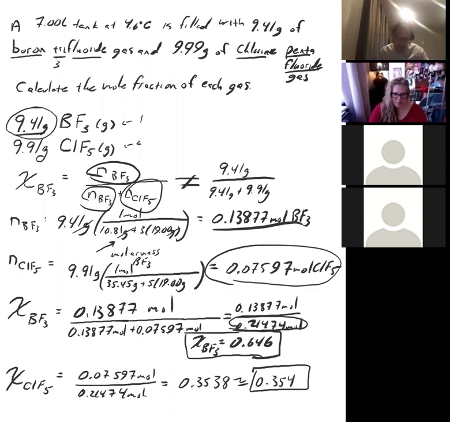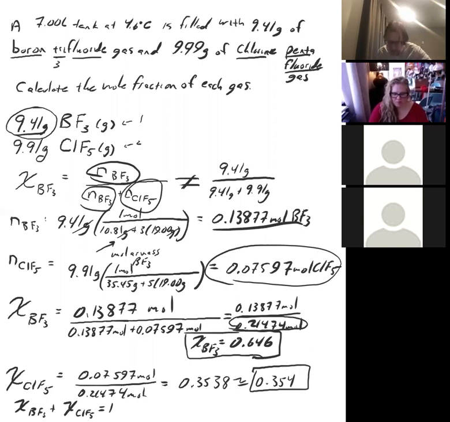Now, you could do it that way, or you could say, wait a minute, there's only 2 gases in there. So if 64.6% of it is BF3, the rest of it has to be the chlorine pentafluoride. So the mole fraction of BF3 plus the mole fraction of ClF5 has got to add up to 1.